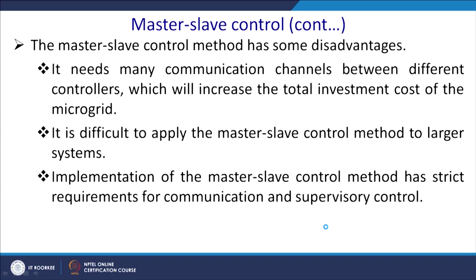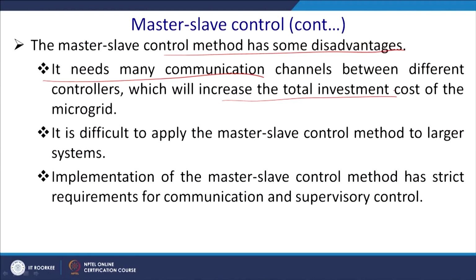Now let us look at the advantages and disadvantages of the master slave control. The master slave control method has some disadvantages. One aspect is that it should communicate with individual DGs and ESS, and thus you require a faster communication channel.